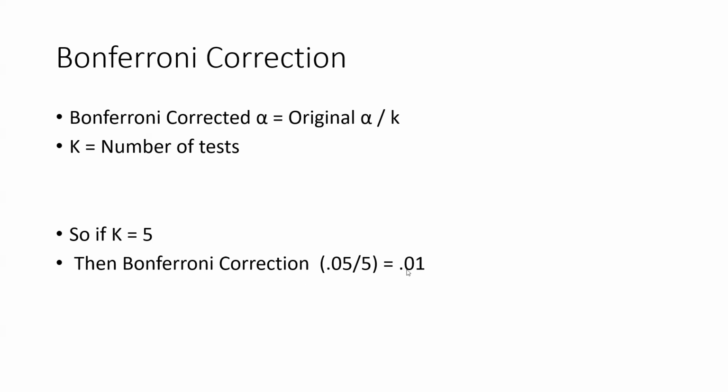The Bonferroni correction of 0.01 would replace the alpha, and only p-values which are less than 0.01 for those particular 5 tests that you're running, which are interrelated, would be found to be significant. And that is how the Bonferroni correction is utilized.